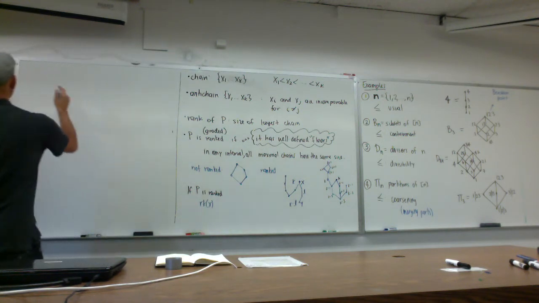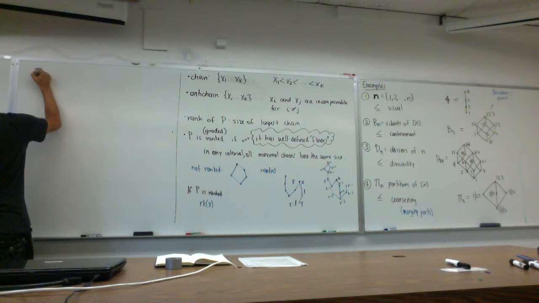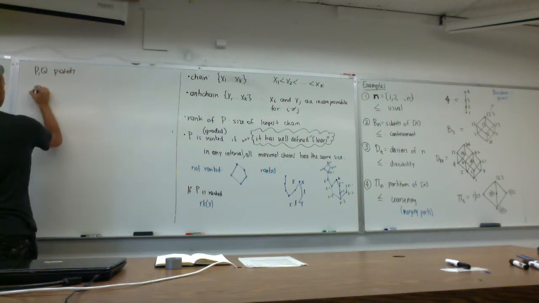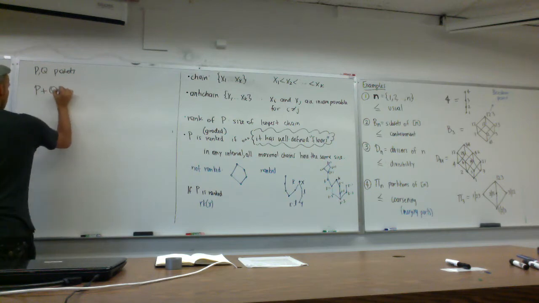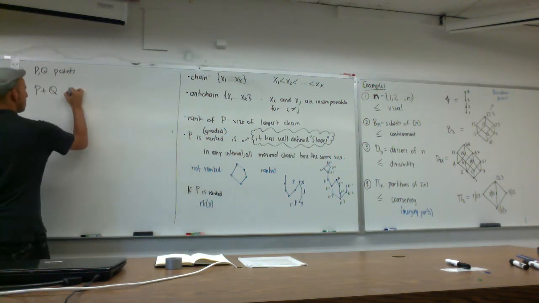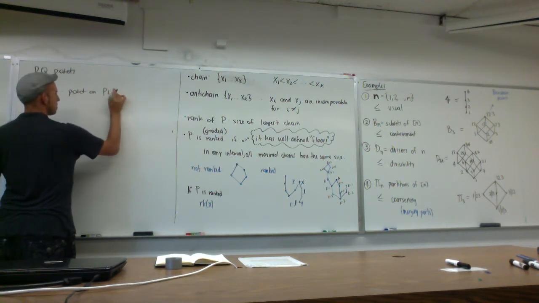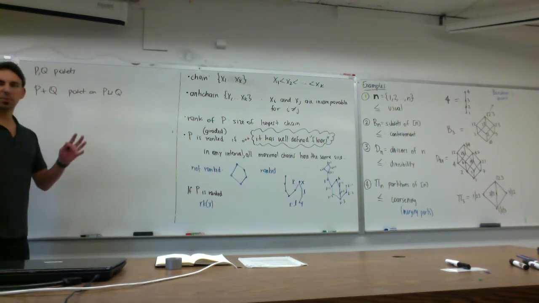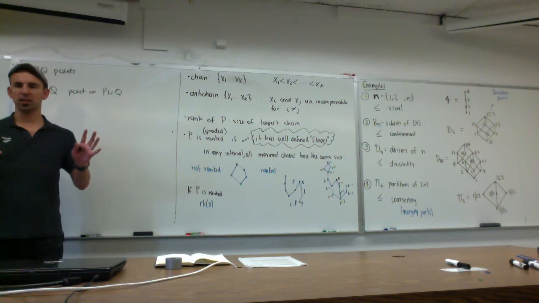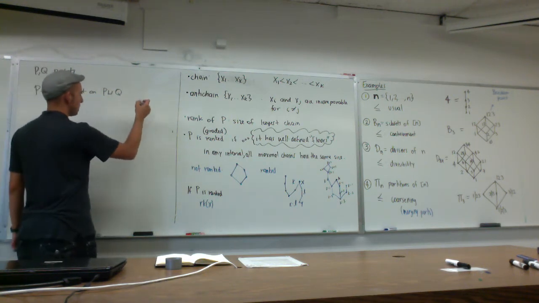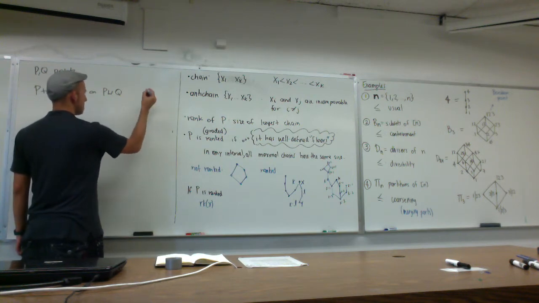All right. So let's define some operations. If P and Q are posets, then P plus Q is just a poset on the union. I'm thinking that P and Q are posets on disjoint sets, and then P plus Q is going to be, I think this is clearest in an example.